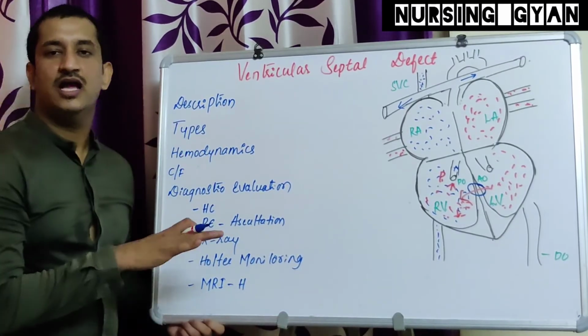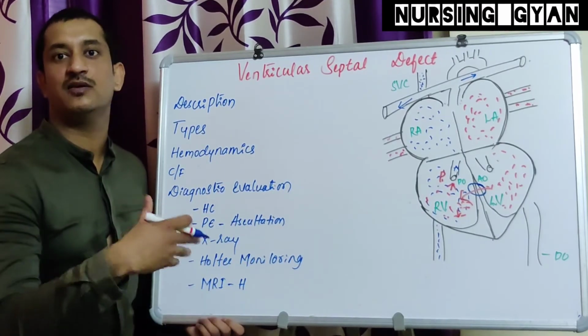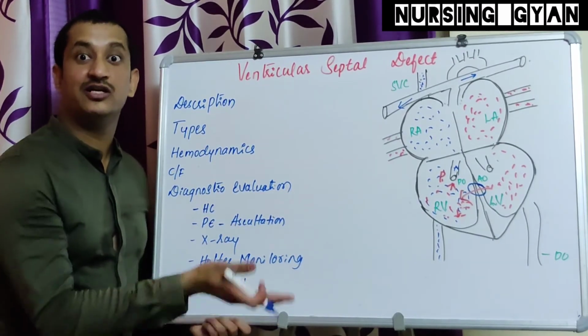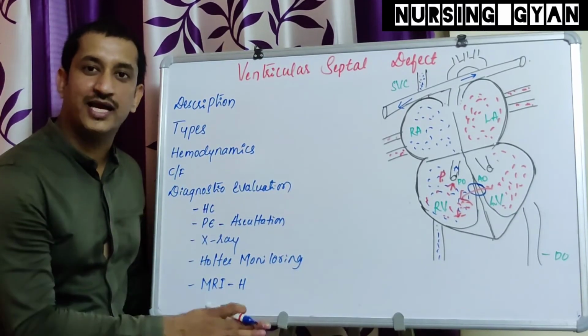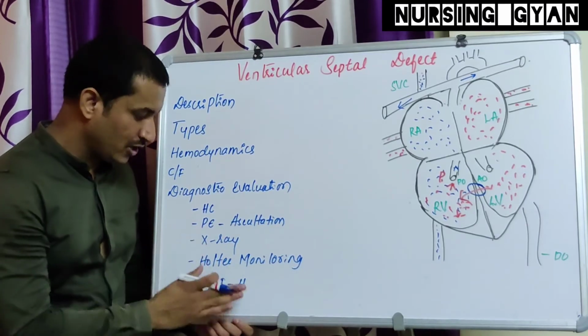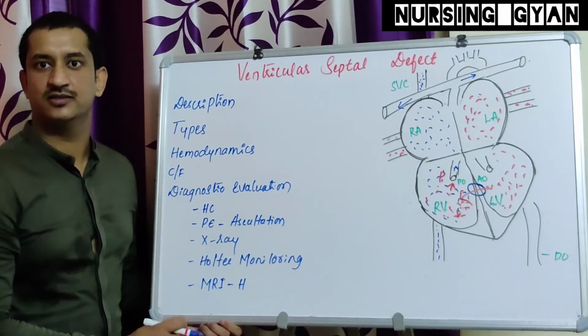Then MRI heart suggests what the defect is, where the defect is, whether there are multiple defects, and whether it is membranous or muscular. These all can be visualized through MRI heart. So these are related to the diagnostic evaluation.